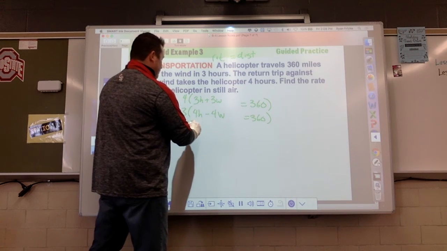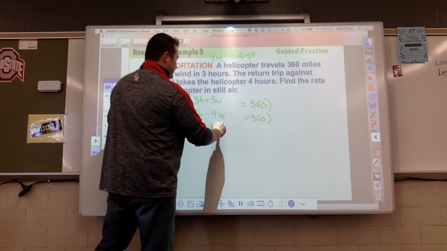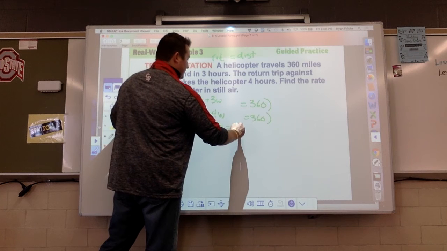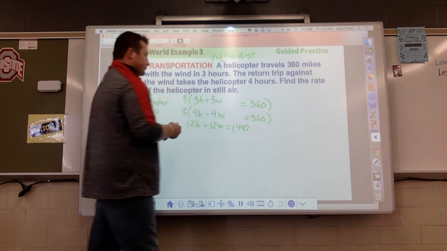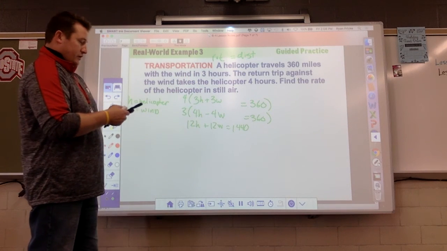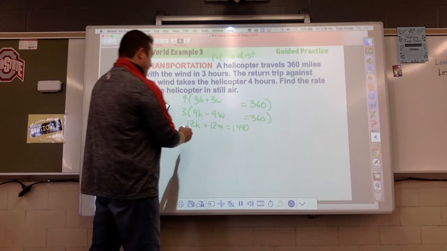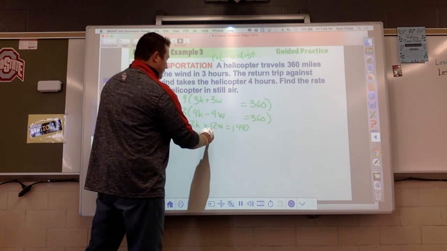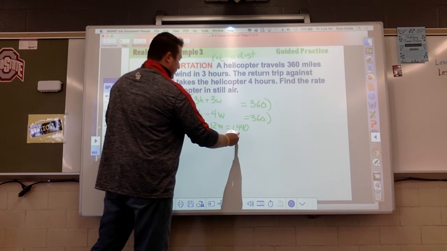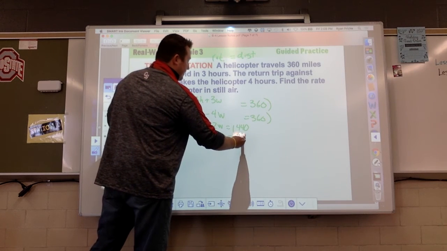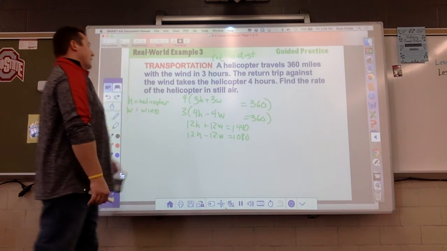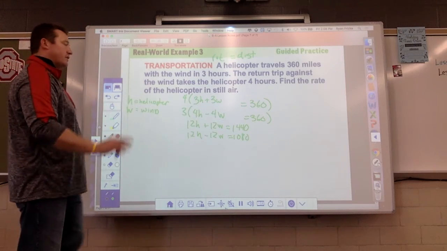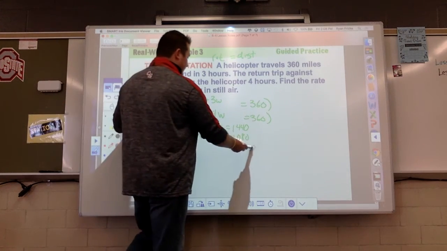So here we go, guys. 12h plus 12w equals 1,440. Okay, 360 times 3, there we go. So this is also going to be 12H minus 12W equals 1,080.